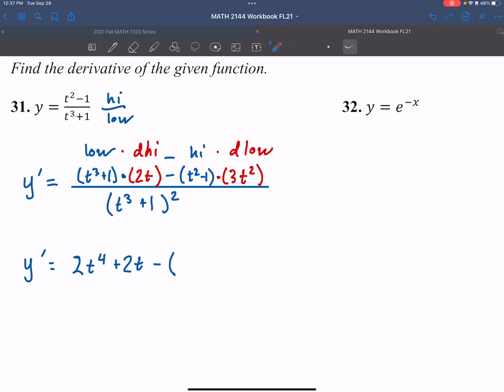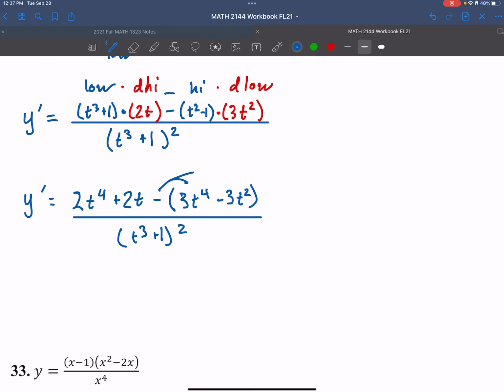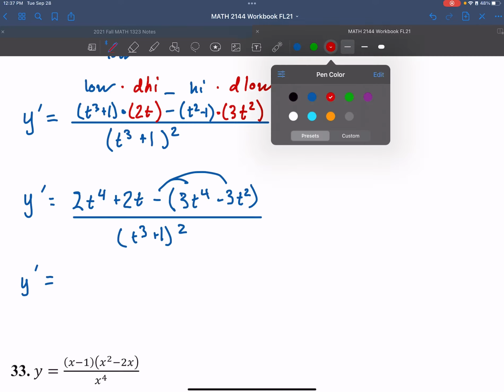If you're okay with doing the negative and the distribution, you can. But if you're not, just take your time. So it'll be 3t to the fourth minus 3t squared, and then distribute the negative on the next step. So we would have t cubed plus 1 still all squared.